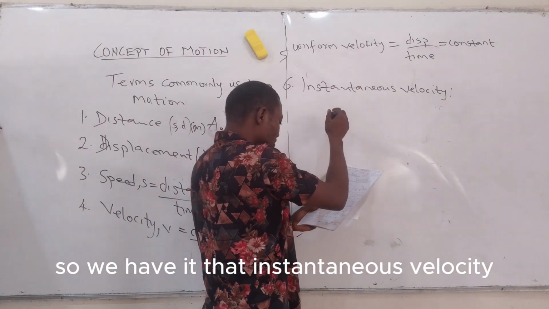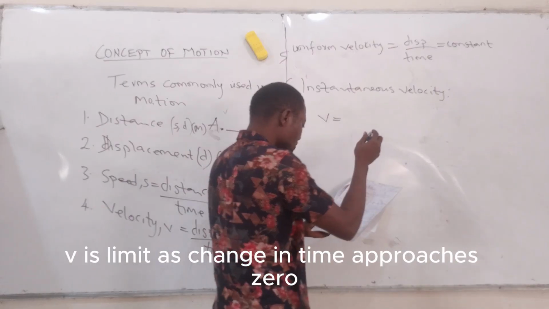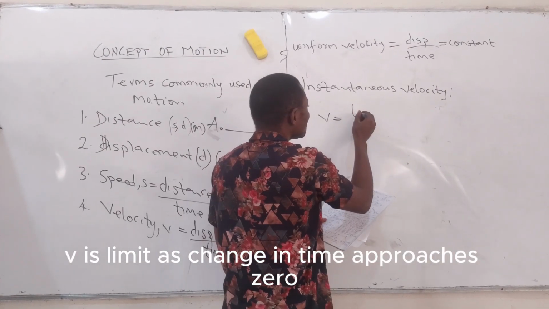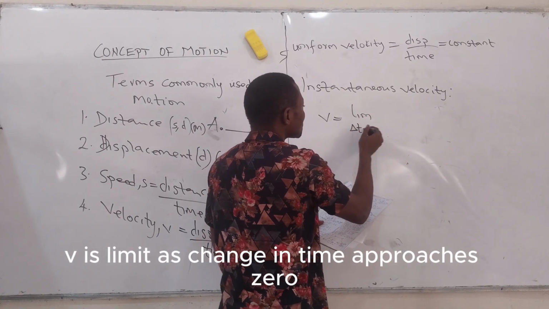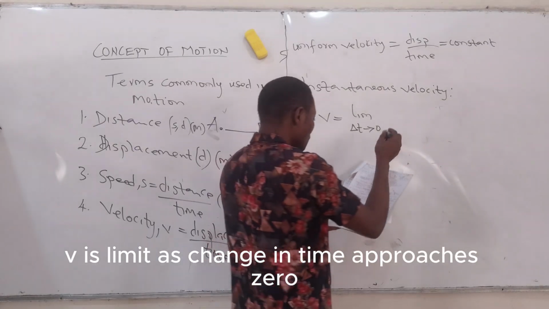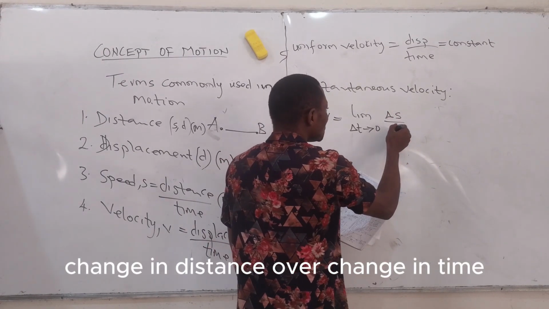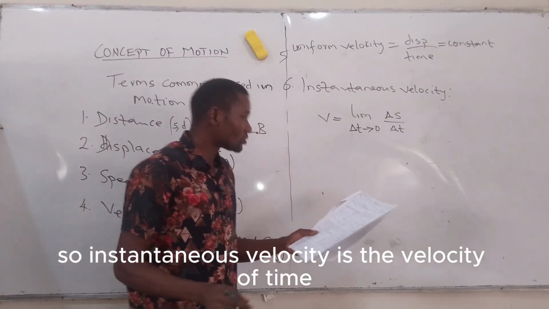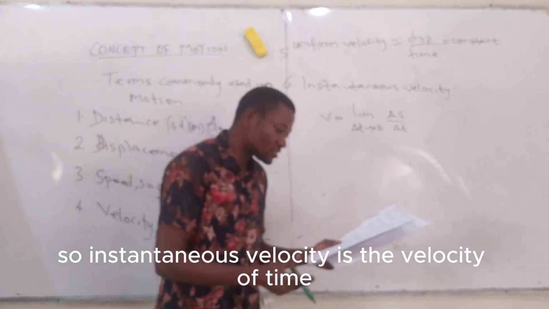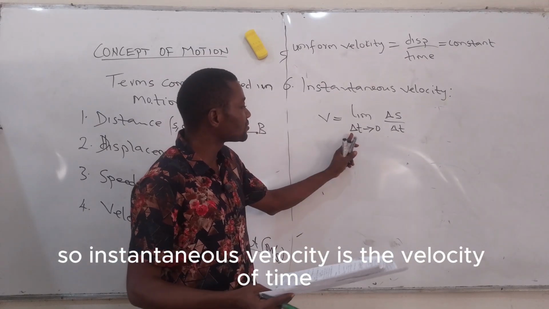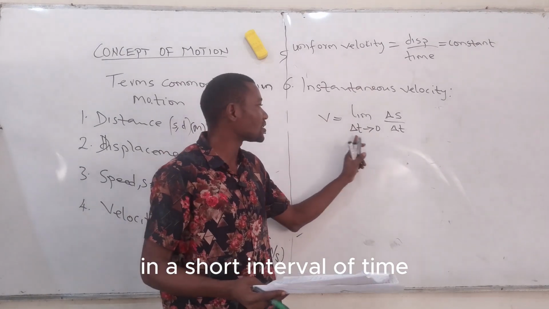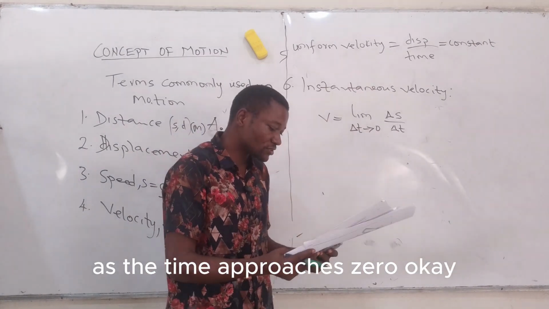So we have it that instantaneous velocity v is the limit, as change in time approaches 0, of change in distance over change in time. So instantaneous velocity is the velocity obtained in a short interval of time as the time approaches 0.